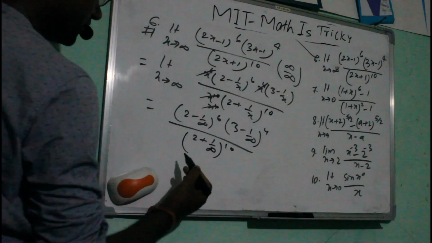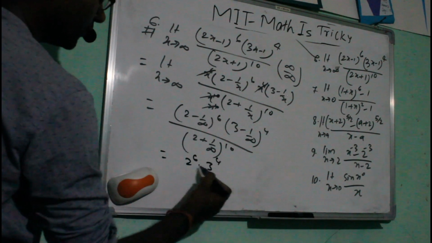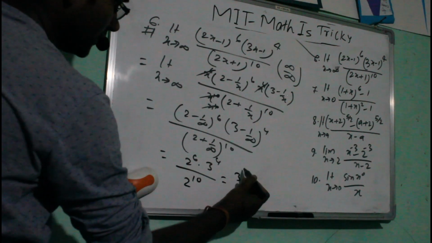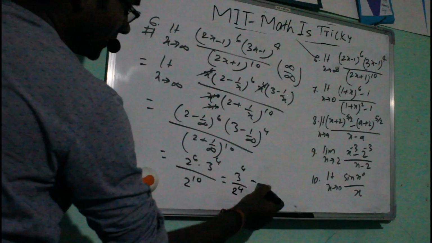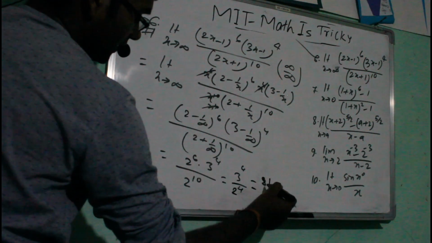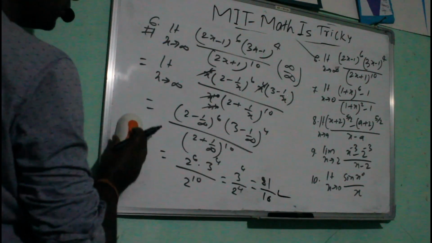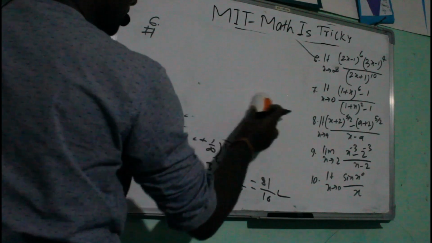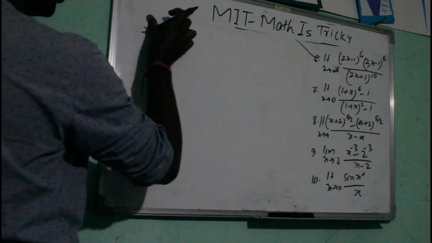So what we are getting is 2 power 6 into 3 power 4 by 2 power 10, so it will give 3 power 4 by 2 power 4. The answer is 81 by 16. That's the answer. Hope you understood this. Let me solve another problem. Now question number 7.